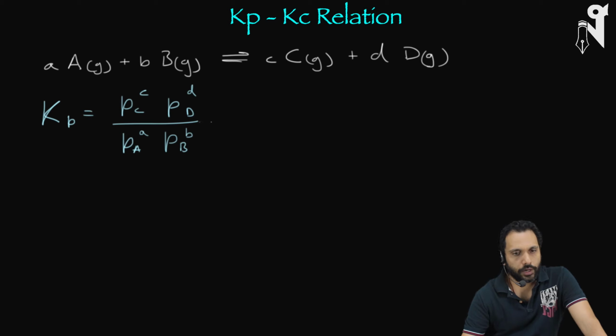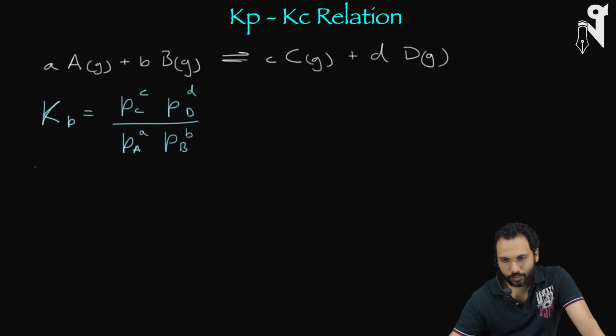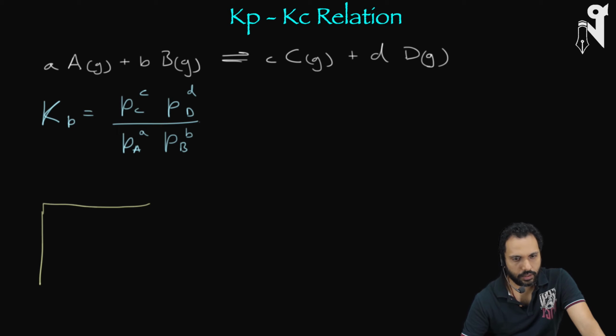Now if somebody wants to know the Kc value, let me just give you an idea of what it is. We have a closed chamber, and we have all these molecules in equilibrium.